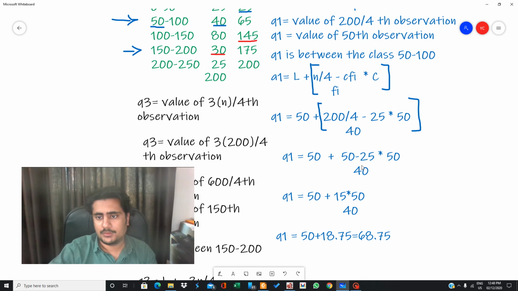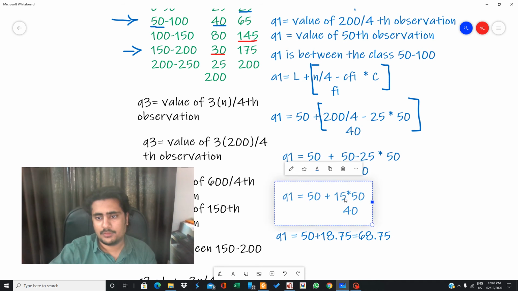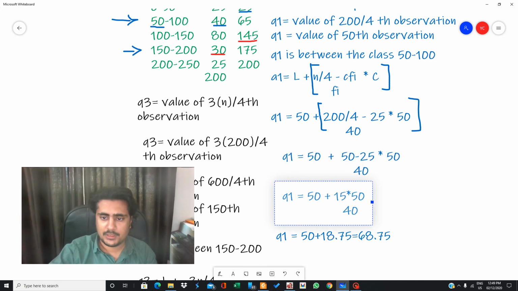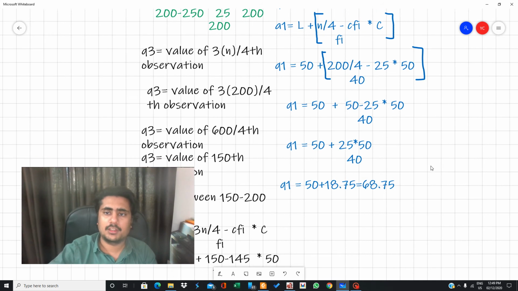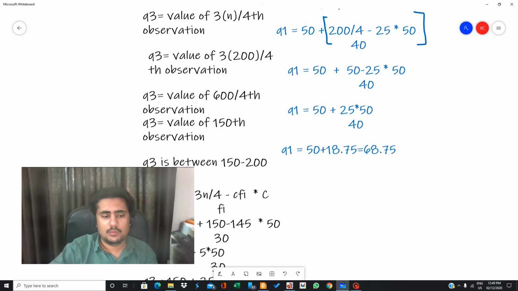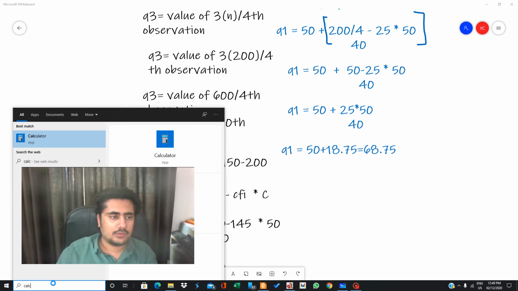But we had made a very small mistake somewhere. Here, 50 minus 25. Now if you calculate 50 minus 25, you will get the answer as 25. We had written 15 by mistake. Now there will be a minor change.